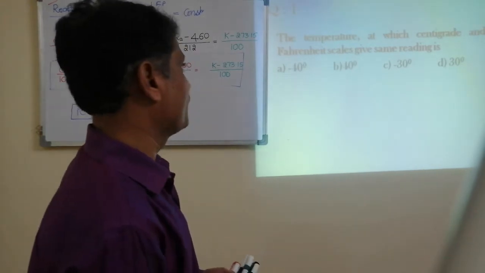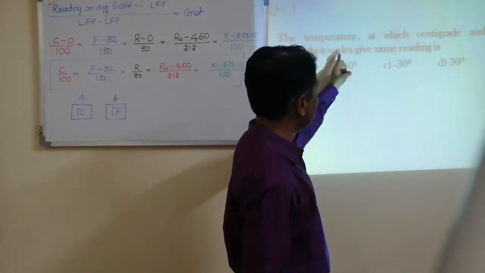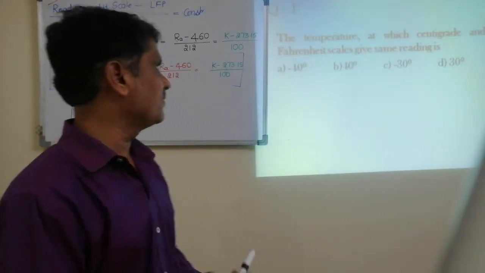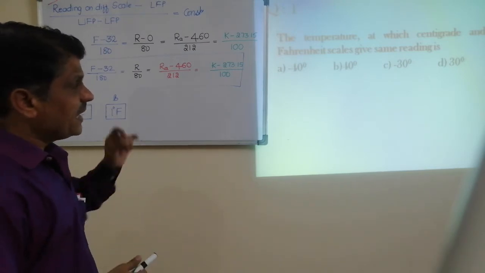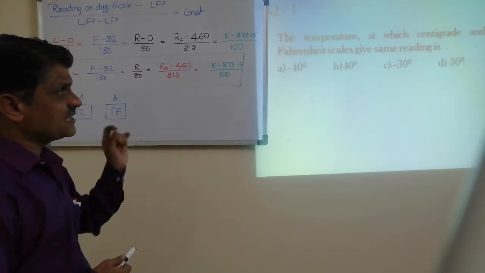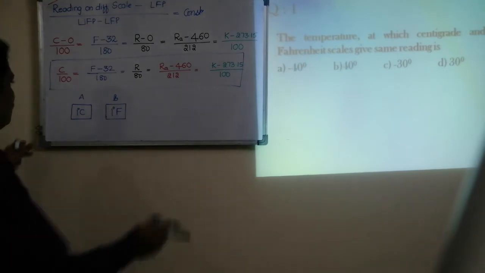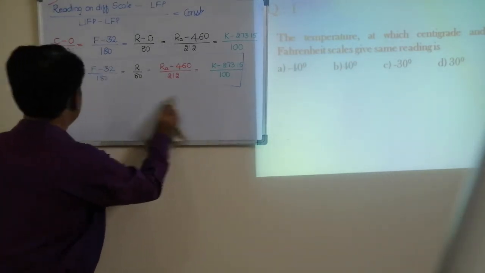Question number 1. The temperature at which centigrade and Fahrenheit scales give the same reading. It's a very common question in our topic, right? So, it means at what temperature the Celsius as well as the Fahrenheit scales give the same reading. Then I'll use a relation between Fahrenheit and degree Celsius.